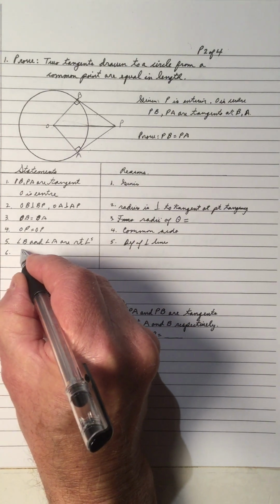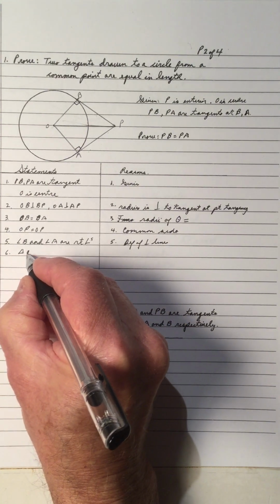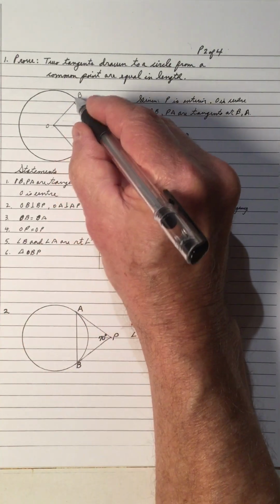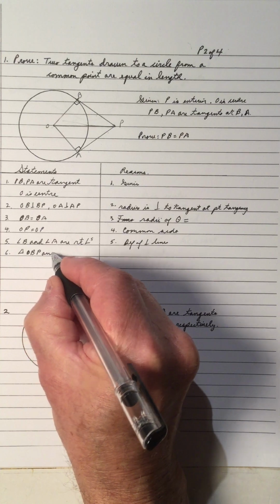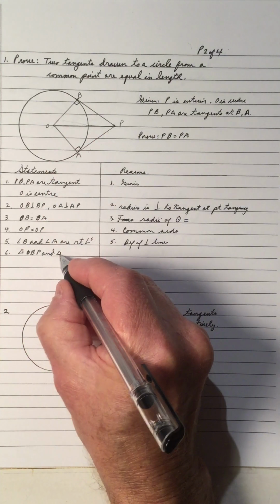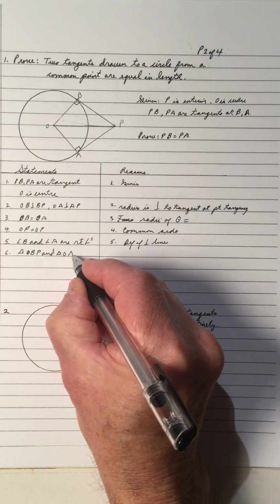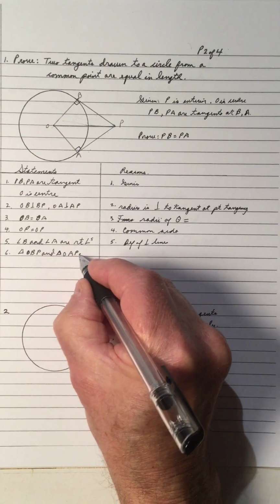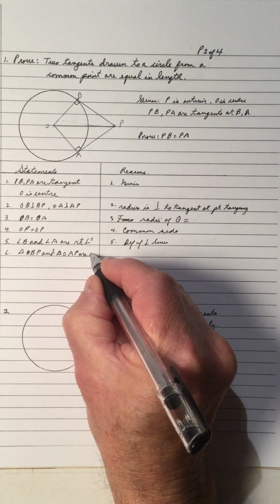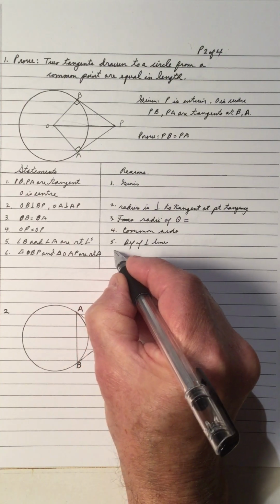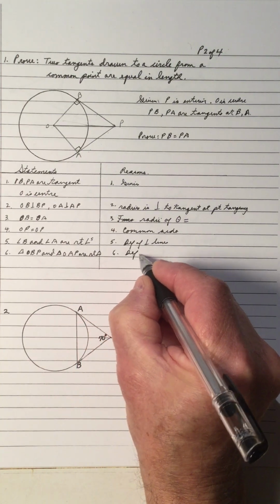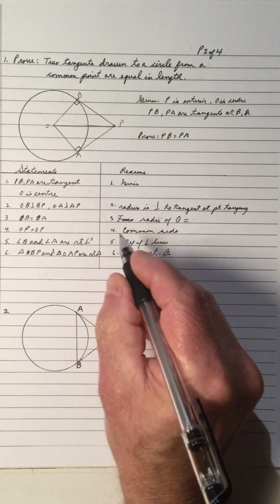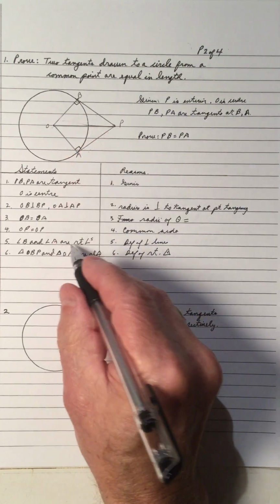That means triangle OBP and triangle OAP are right triangles. That's the definition of right triangles, because we have right angles.